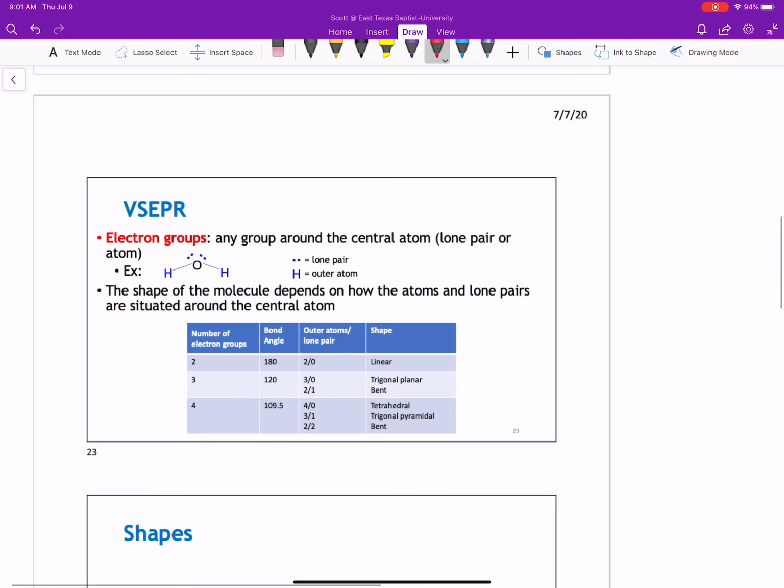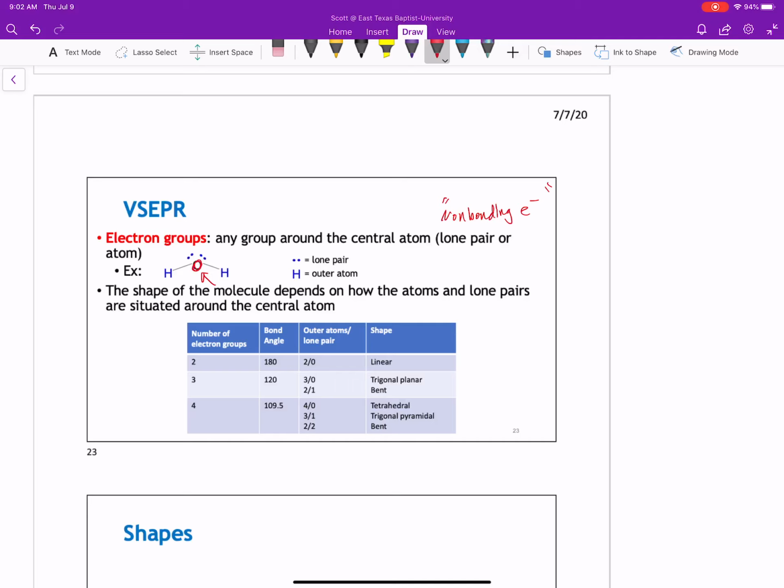Electron groups are any group around the central atom, whether a lone pair or an atom. Lone pair is sometimes called non-bonding electrons. It's the same exact thing. So if you look at the molecule of water shown right here, O is the central atom.